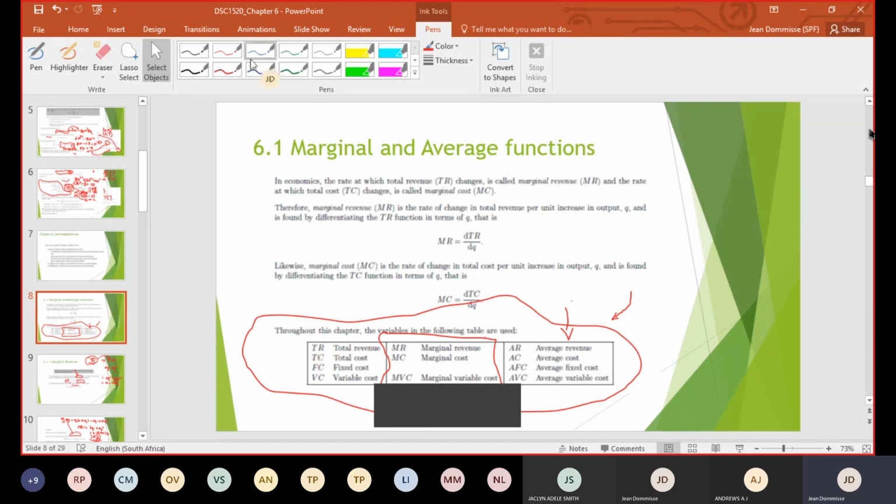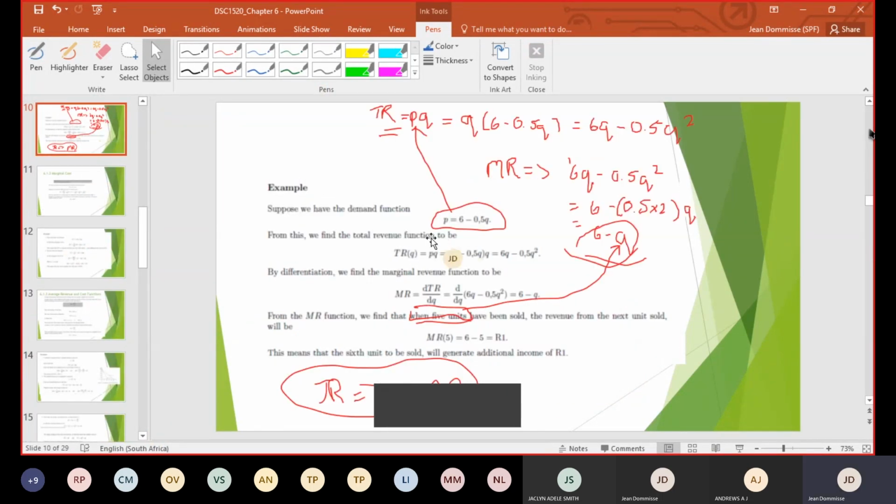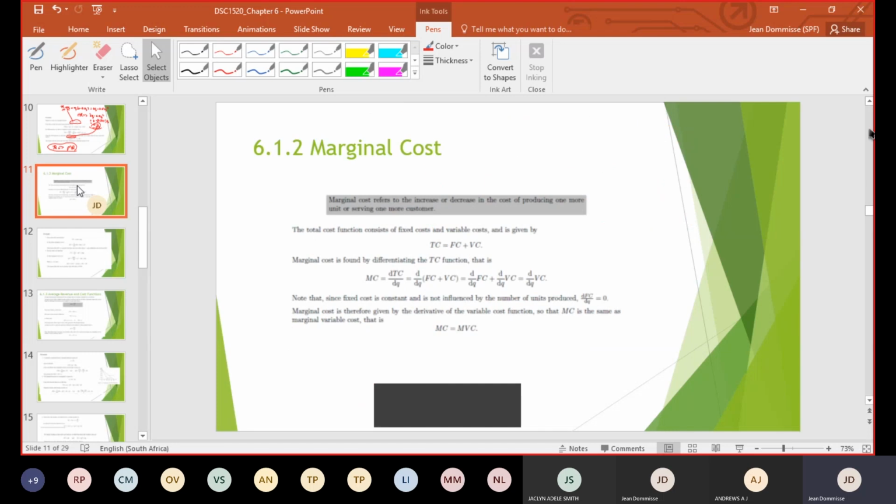So the total revenue is linked to marginal revenue. Okay, so that one we've done now. So let's go back to that. I'm happy that we covered marginal revenue. If you guys are happy, let's go to the next one.